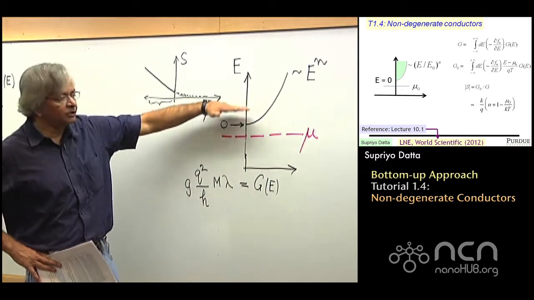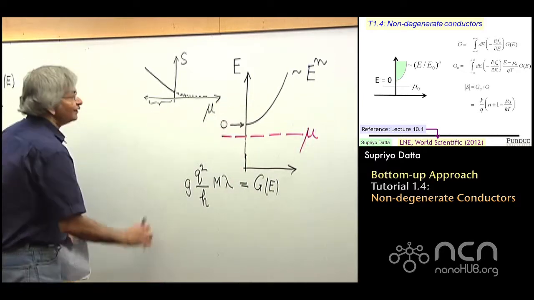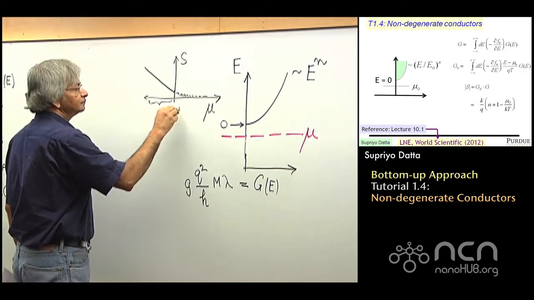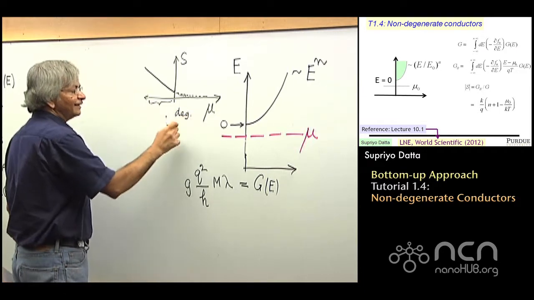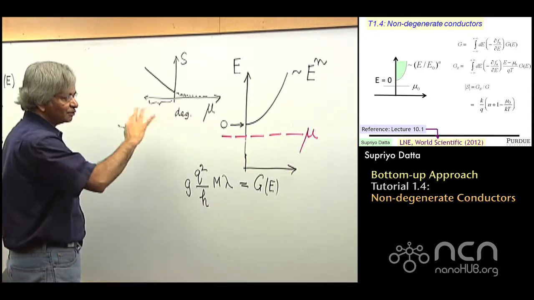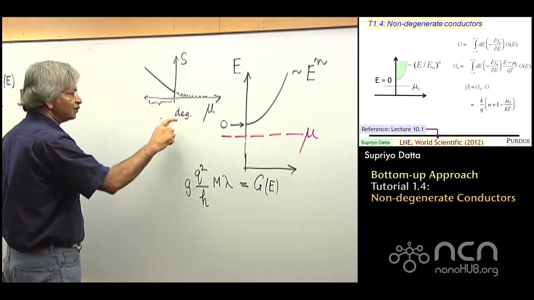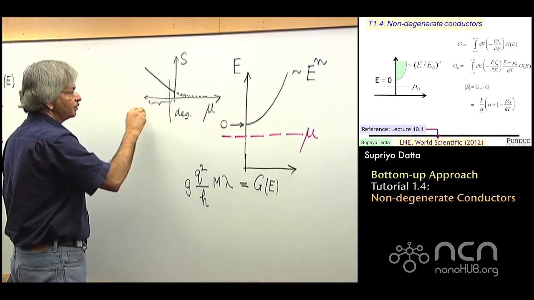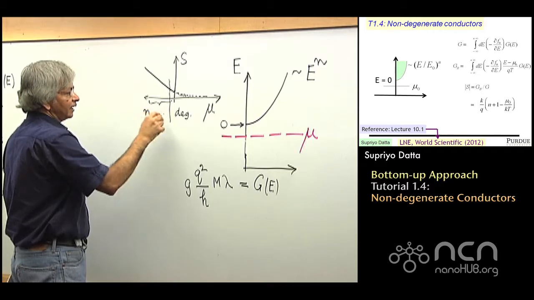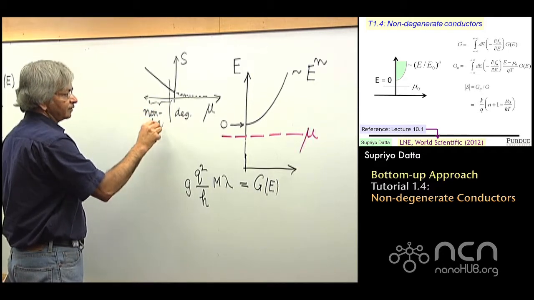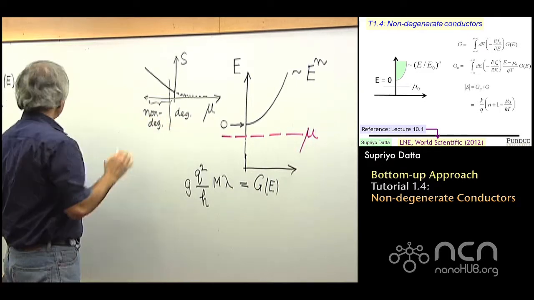Whereas once it's into the band, this part of it is what you would call degenerate. Those are just technical terms. This word degenerate is used in many senses in this field, so it's important not to get confused by the different uses of the same word. But right now, we'll focus on what's usually called the non-degenerate region in this part.